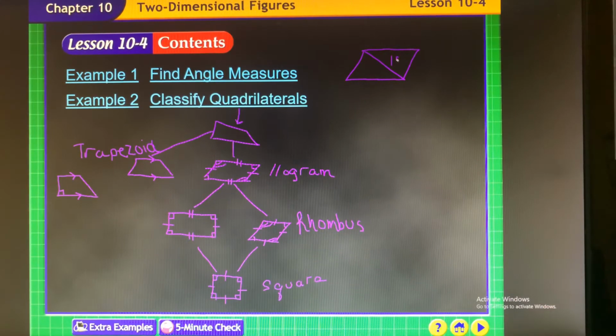So if I know this is 180 and I know this is 180, then I know the sum of all angles of a quadrilateral is always going to be 360 degrees. So like the triangle, if I give you three angles, you can clearly find the fourth angle by simply adding the three together and then taking away from 360 to find your missing piece. So that's basically what we're going to do. We're going to classify and we're going to find missing angles.